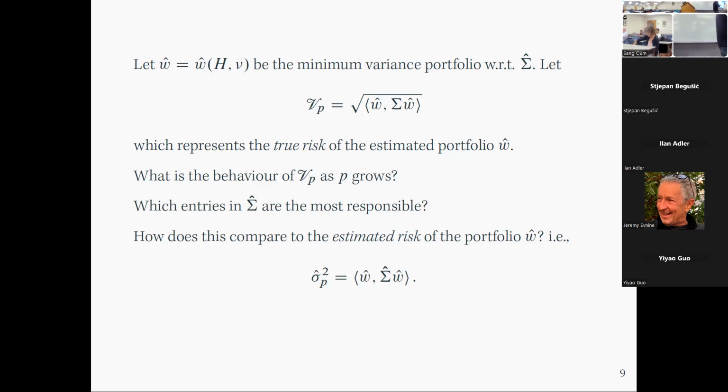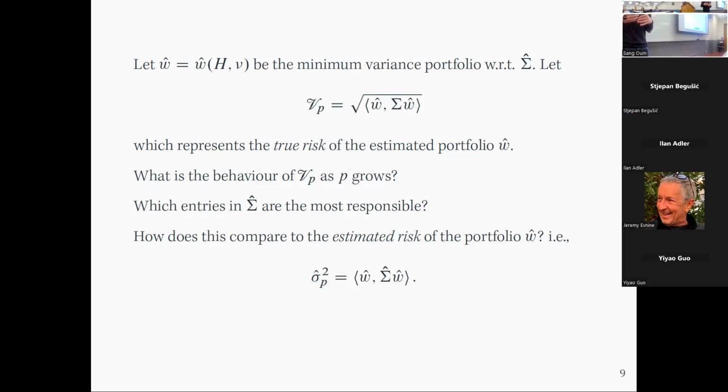The hat on the portfolio indicates that it was constructed with sigma hat, and therefore W hat carries estimation error. At this point, you can pause and ask, what is the behavior of the true risk, that quantity V subscript P, as the portfolio grows, as the dimension P becomes very, very large?